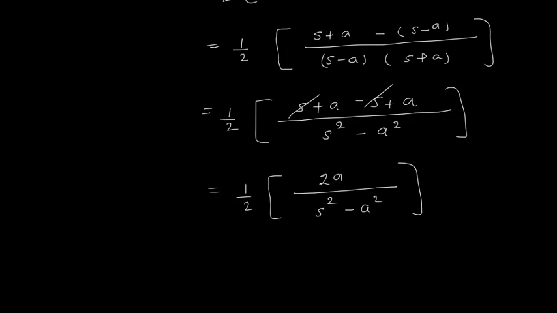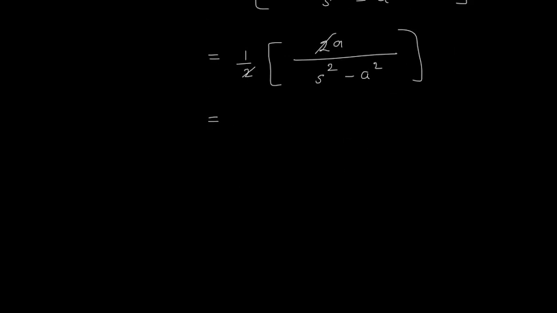Now this 2 and 2 will cancel, and our final result is a divided by s square minus a square. This is Laplace of sine hyperbolic at.